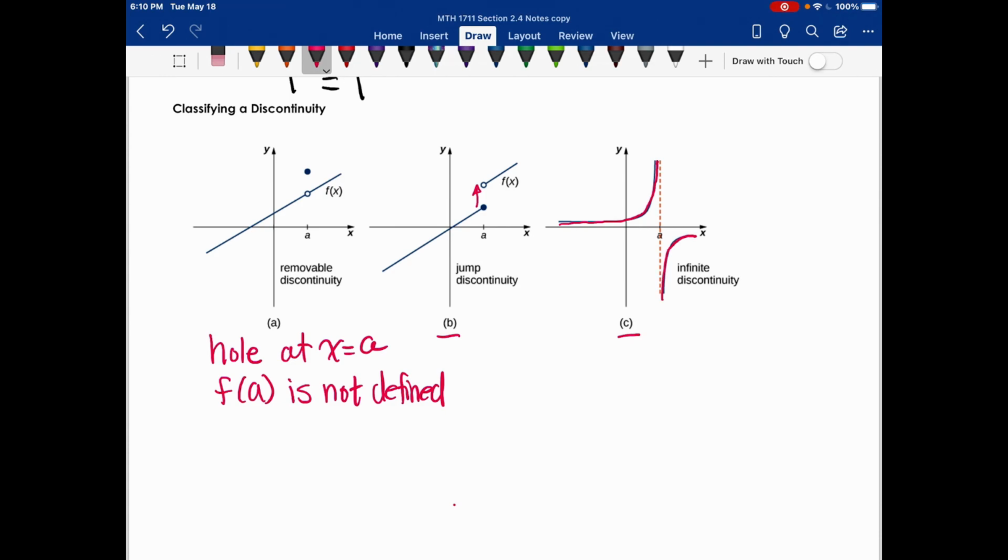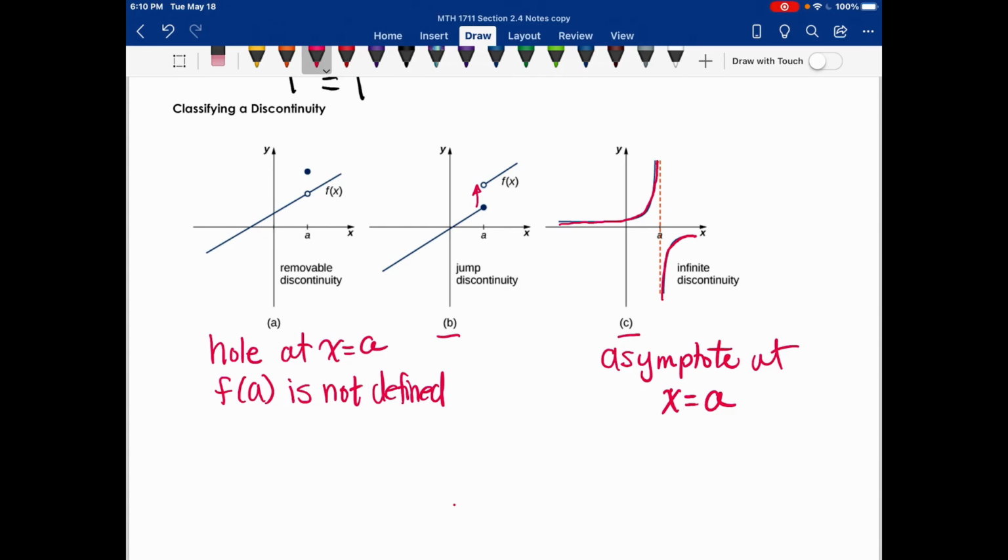The difference between these two, the infinite discontinuity has an asymptote at x equals A. So that's the point that you're looking at, that there would be a discontinuity at x equals A. A jump discontinuity is when there's just a break in the graph and the pieces don't line up, but there's no asymptote there that's splitting it up.